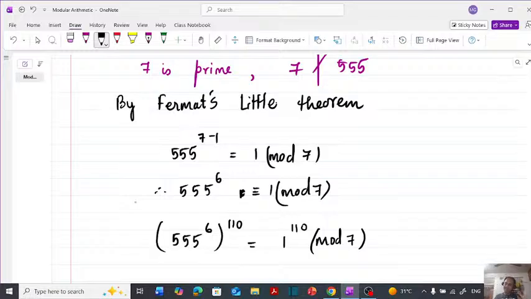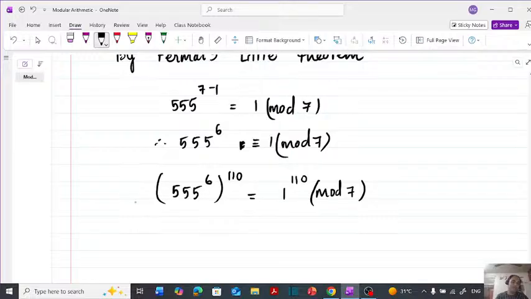There is a nice way to collapse your number as large as it appears. So 555 to the 660 we have got, and here it is going to be the one, right? Here it is one only, nothing more.